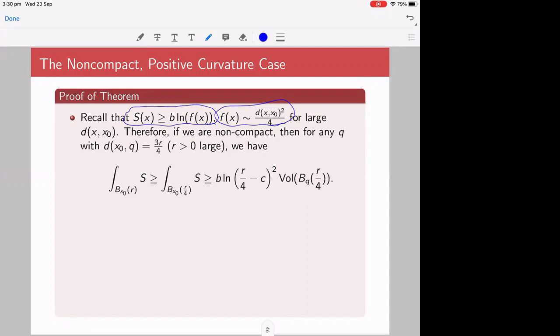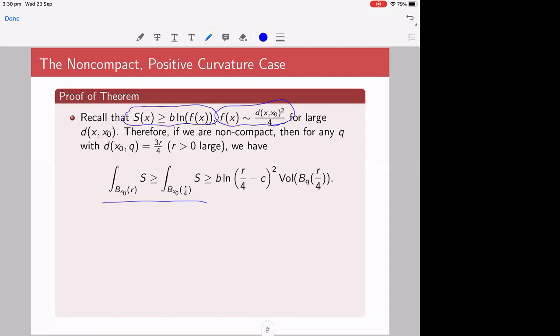Okay, what can we do here? Let's integrate the scalar curvature over the ball of radius r centered at our minimum point, x naught. Clearly, if we simply shrink the size of the ball, we're going to lose value because the scalar curvature is positive.